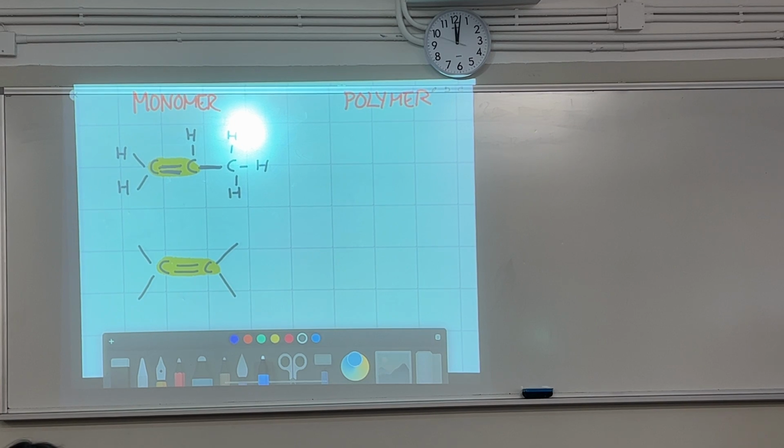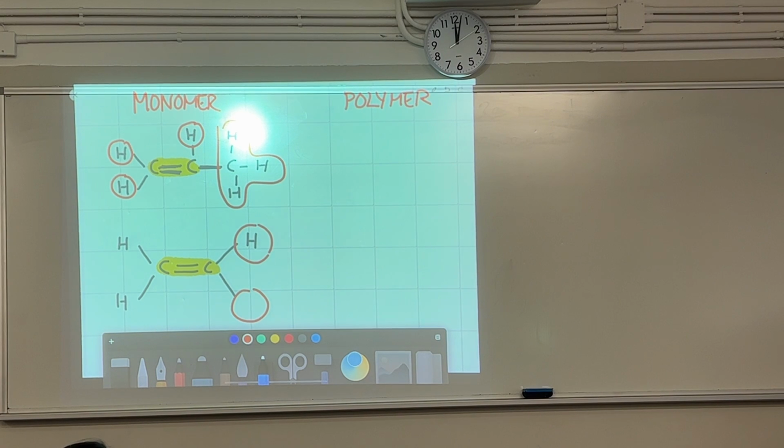H for the top left, bottom left, and what about top right? That would just be an H, top right, okay? And bottom right will be CH3. So we'll condense this group as CH3.